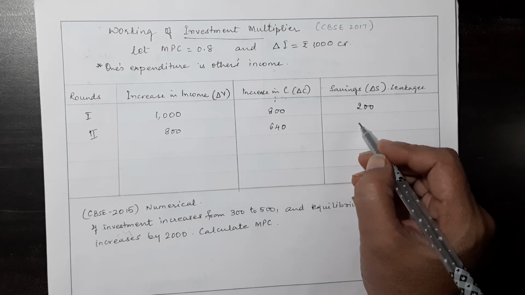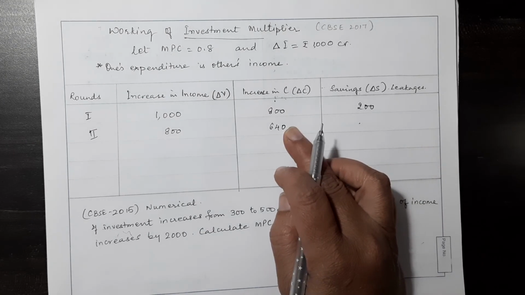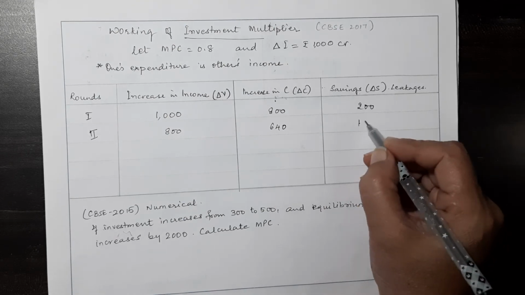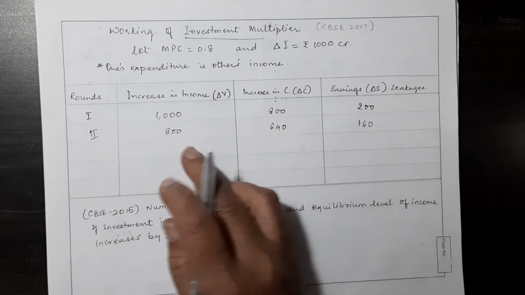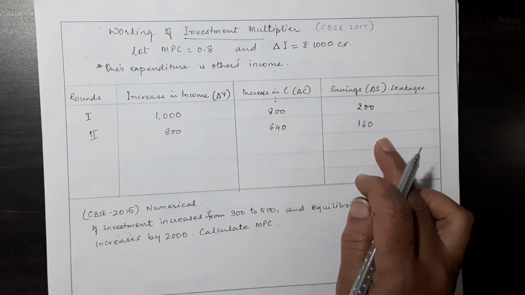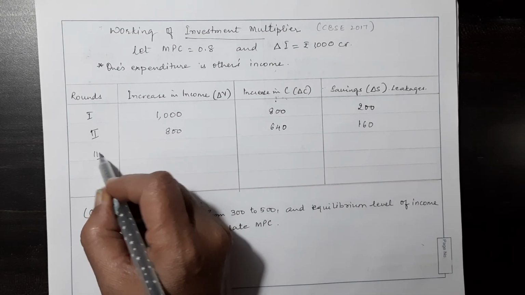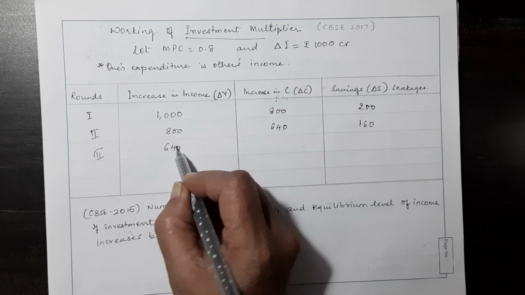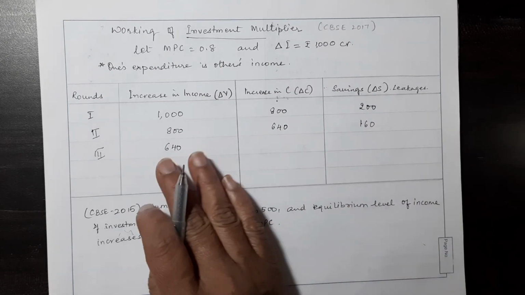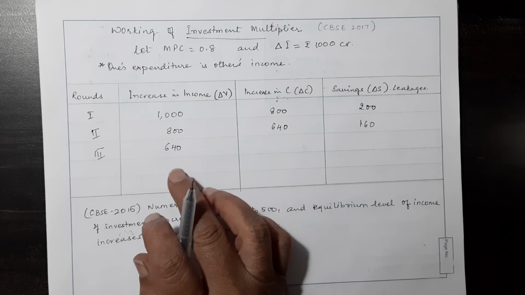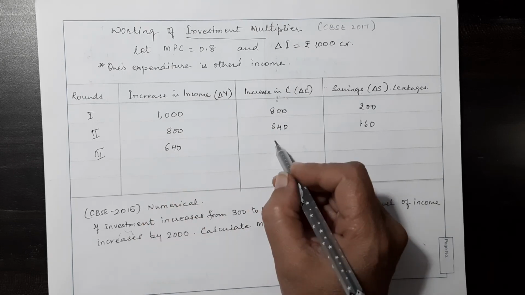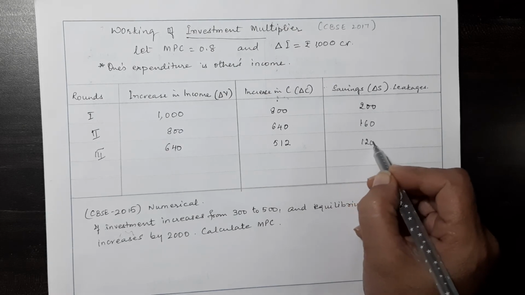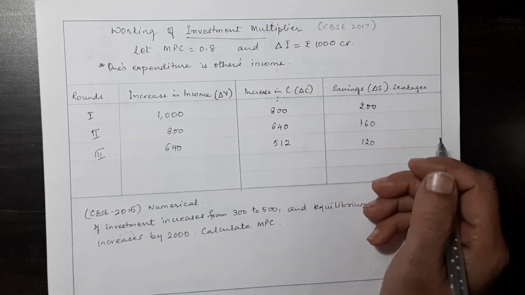If 640 is the change in consumption, then change in savings would be 160 crore, since 800 minus 640 is 160. Now in the third round, this 640 comes back as income, because the savings are the leakage. So 80% of 640 is 512 crore and 128 crore is the leakage or saving.